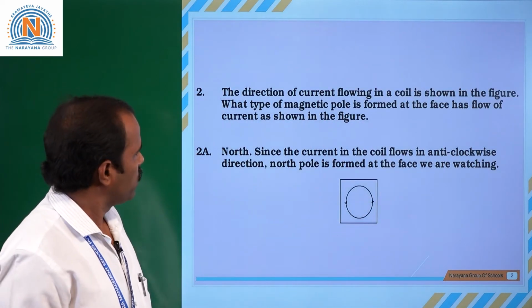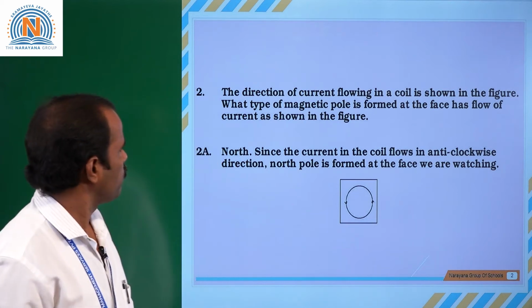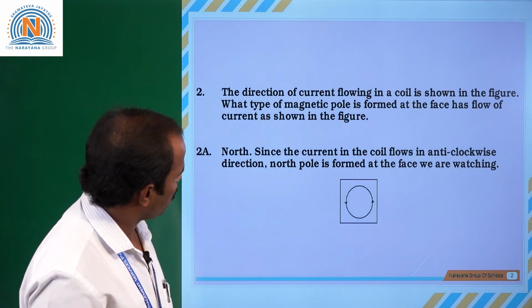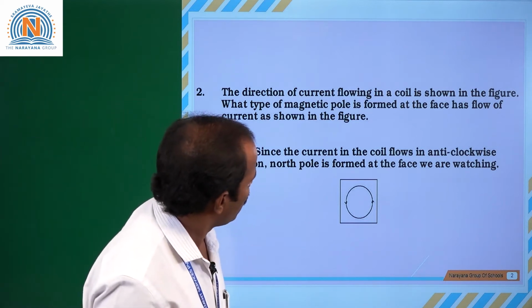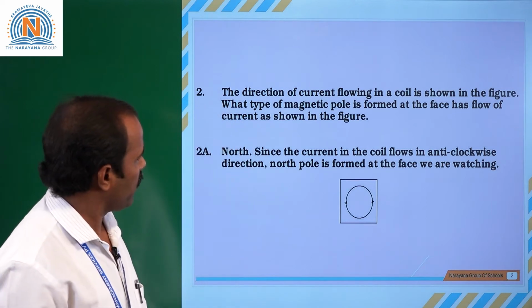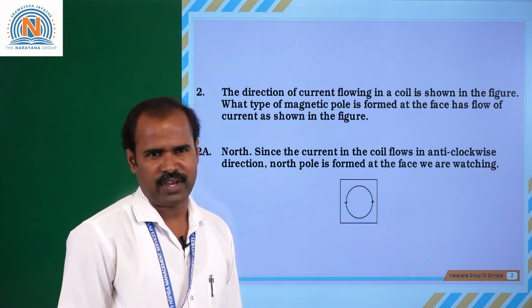The direction of current flowing in a coil is shown in the figure. What type of magnetic pole is formed at the face for the flow of current as shown in the figure? See, the figure is given.